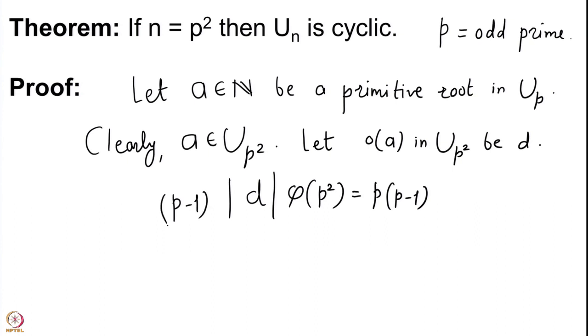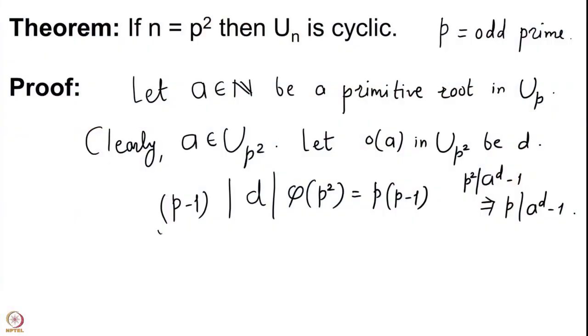The reason being that p square dividing a^d minus 1 would imply that p also divides a^d minus 1, and since we have started with a primitive root in U_p, the order of a in U_p is p minus 1. So, p minus 1 will therefore have to divide d, and d needs to divide p into p minus 1.